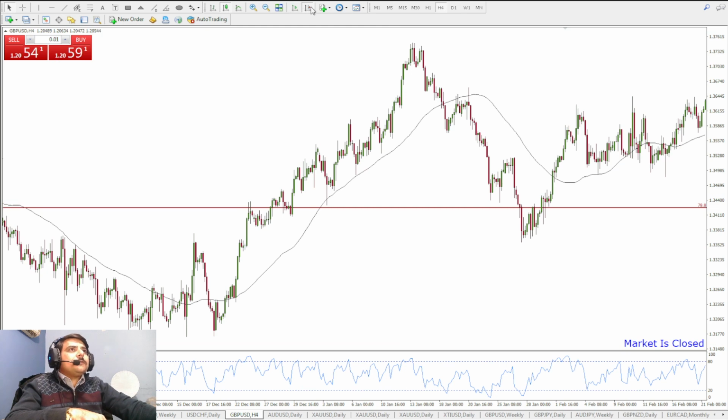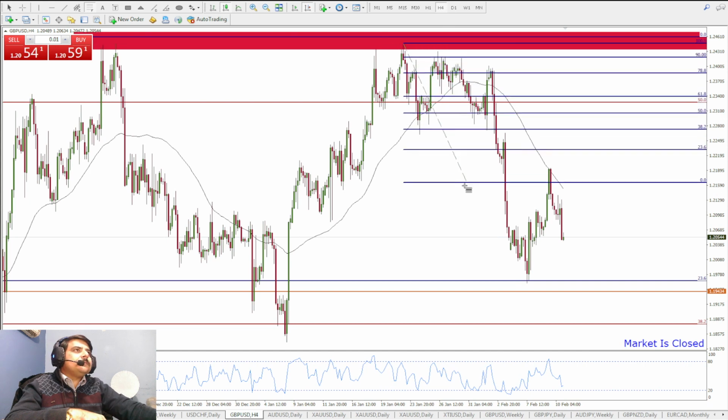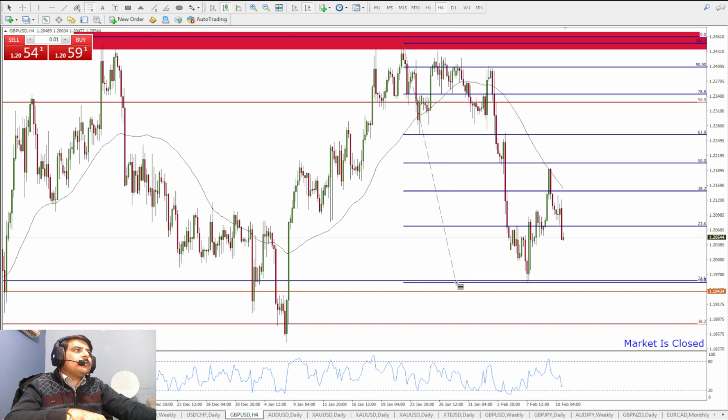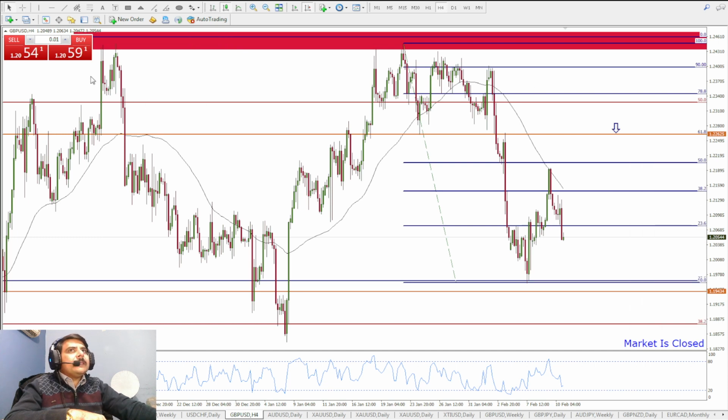If someone of you wants to sell it, obviously you can on Monday, maybe on Tuesday. Wait for this level 1.2262, and you can easily take a sell trade during the week. Plus, here is a very nice ABCD pattern completion pointing up there.